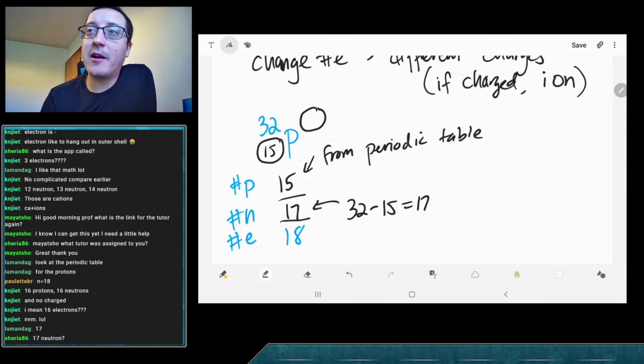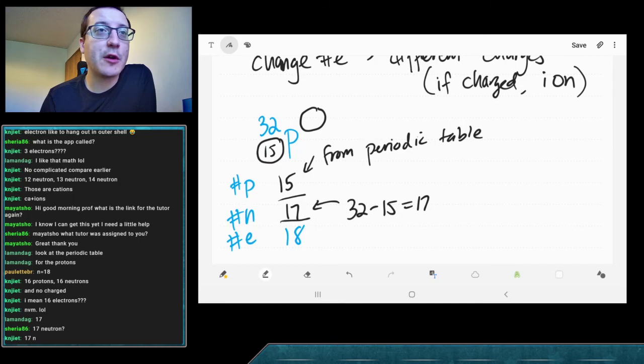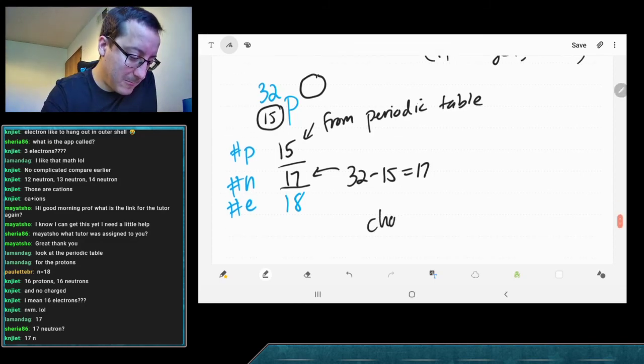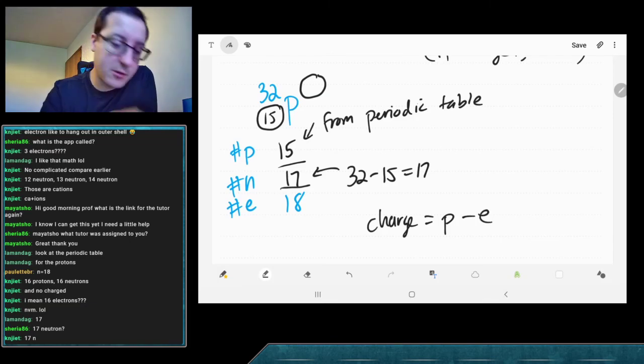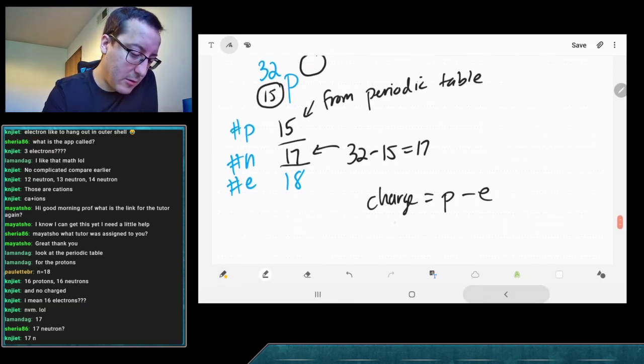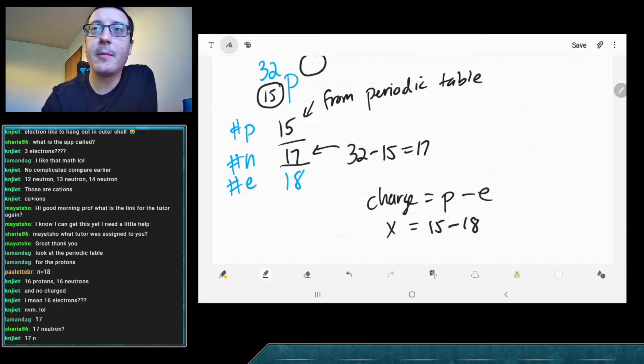And now the part that we're missing is the charge of this particular thing here. We remember that charge is protons minus electrons. So we'll just say X is 15 minus 18, which is going to be -3.